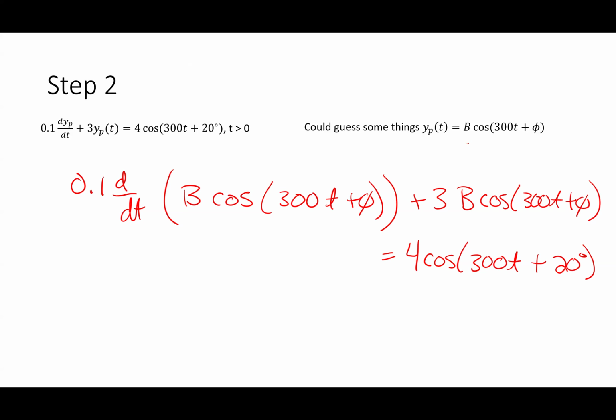That part you should know. Negative 300 times sine. Then I have to start breaking up the sines and cosines with trig identities, and then I'd end up making 2 equations out of it. It would take me an hour. All right. That part is ugly, right? And you can look that part up in the book as to how to do that.